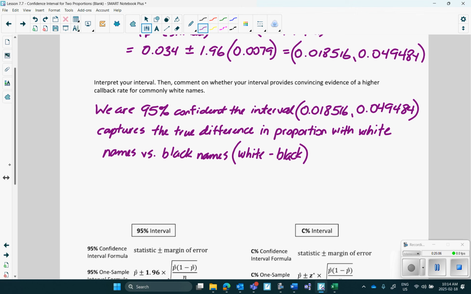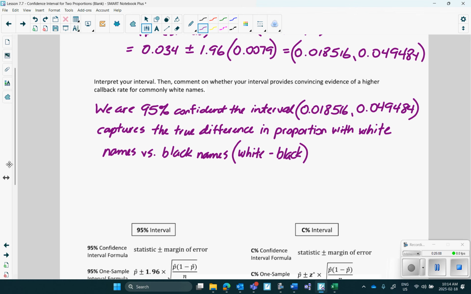Now that we've got some statistical numbers to work with, we can say it's significant. Does it provide convincing evidence? Yes, no? What do you notice about all the differences between white versus black? They're all positive. They're all greater than 0. That means all the sample differences we got were positive.